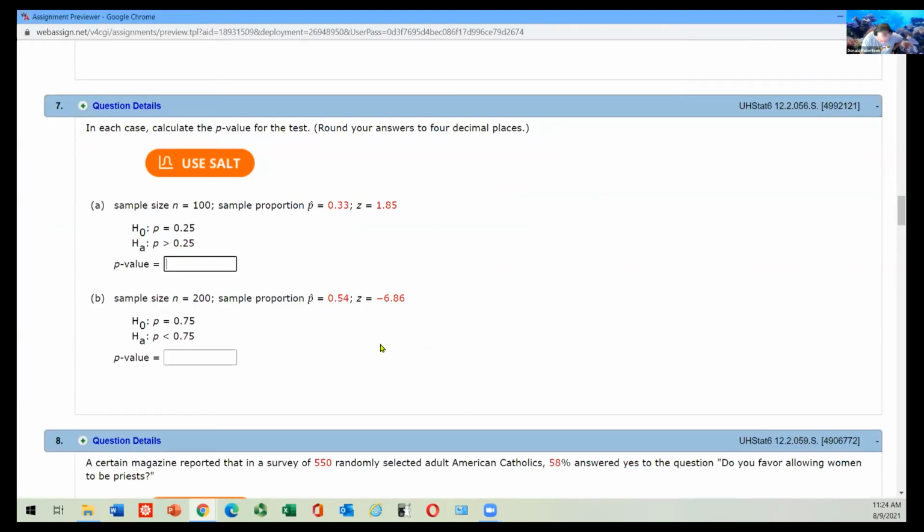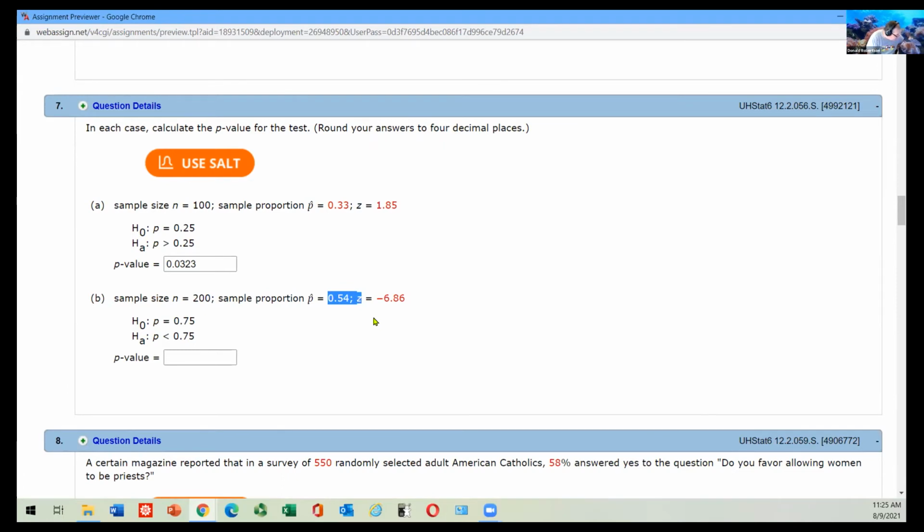In here, I would be putting... What did they want the answer to be? 4 decimal places. Well, that's quite accurate. So 0.03233, so 0.0323.